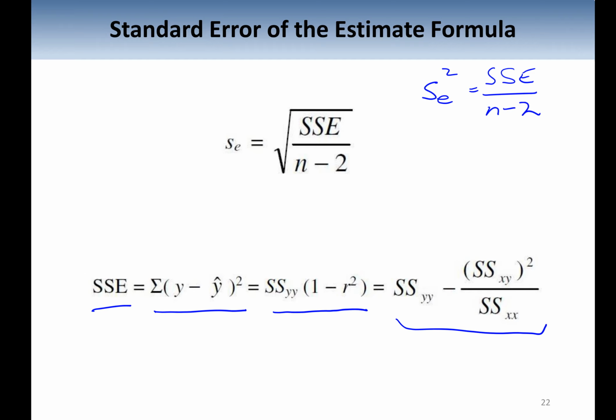For our online sales example, I'm going to use the middle one to calculate the SSE. I'm going to get the whiteboard here. The SSE in our case, using the previous slides, so you might have to look back at the values of the previous slides, is SSyy multiplied by 1 minus the correlation coefficient squared.